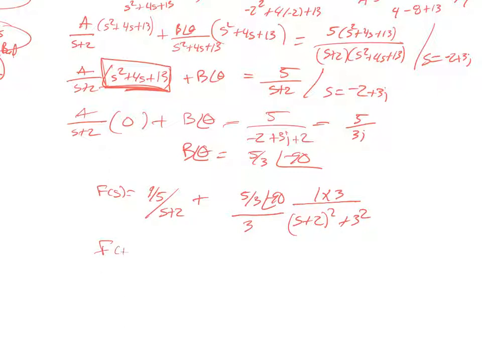So my F of t is equal to 5/9 e to the minus 2t plus 5 over 9, because 5/3 divided by 3 is 5/9, e to the minus 2t sine of 3t minus 90 degrees.